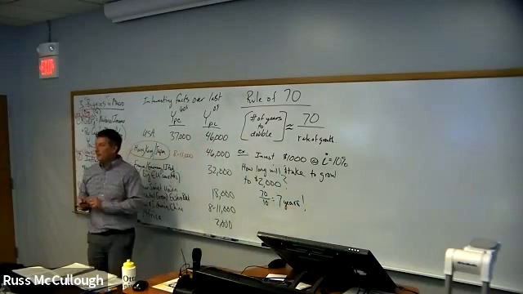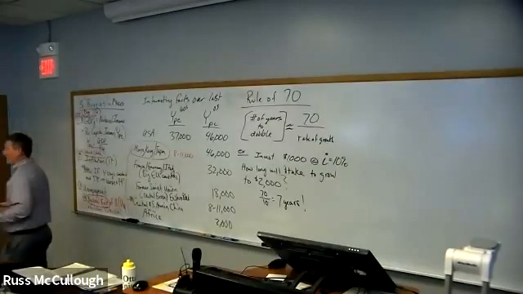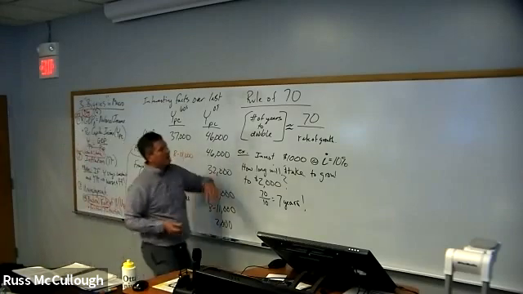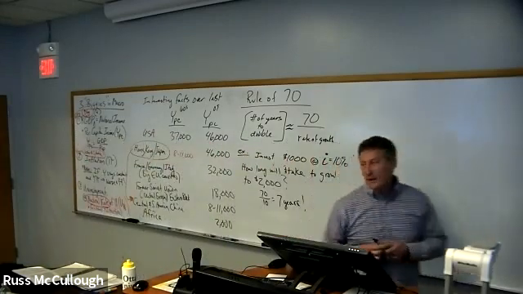That's the rule of 70. And that works for rainfall, tree growth, any sort of growth rate where there's compounding.